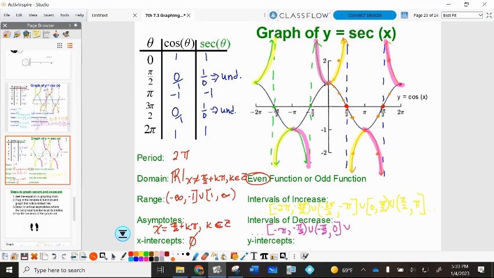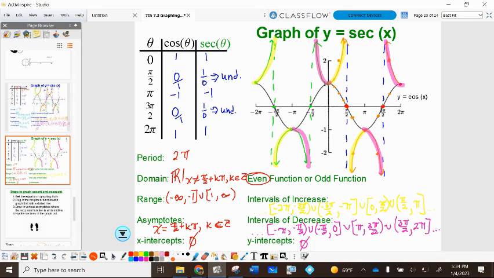Union with pi inclusive to 3 pi over 2 non-inclusive, because that's where the asymptote is. Union with 3 pi over 2 non-inclusive to 2 pi, and that's inclusive, and the ellipsis dot, dot, dot to show that that pattern continues. Y-intercepts, there are none. I'll put empty set there.